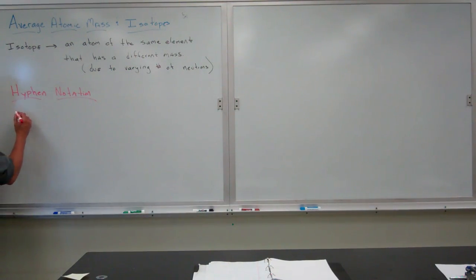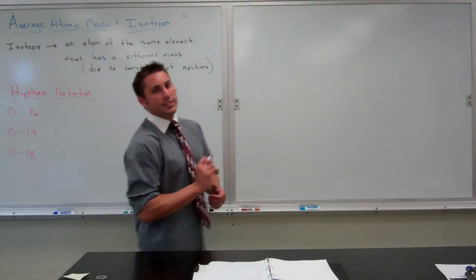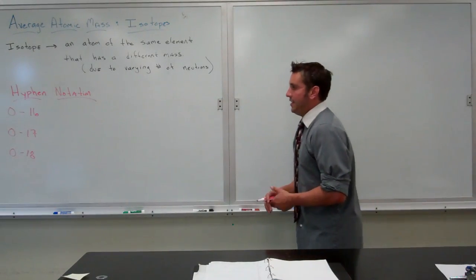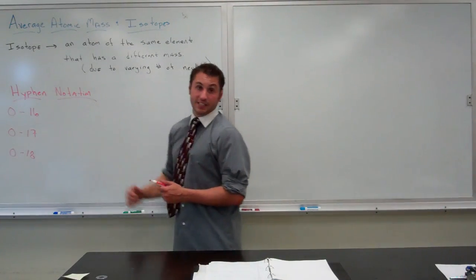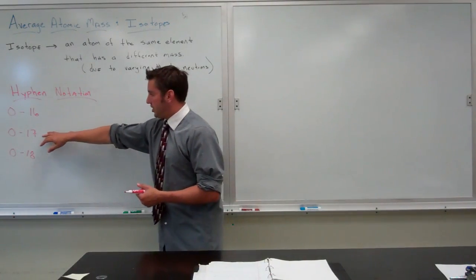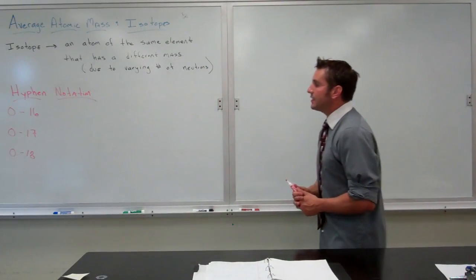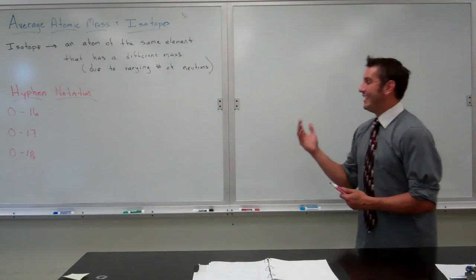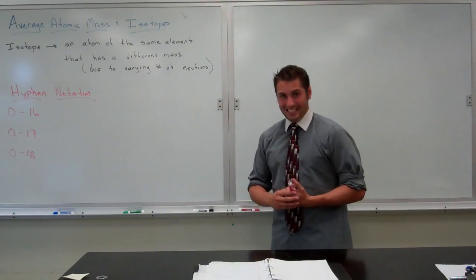For instance, there are 3 different types of oxygen atoms. One oxygen atom has a mass of 16. One oxygen atom has an atomic mass of 17. And a third one, a different one, has an atomic mass of 18.